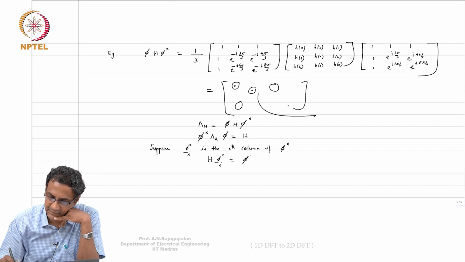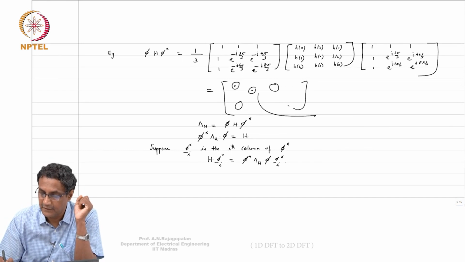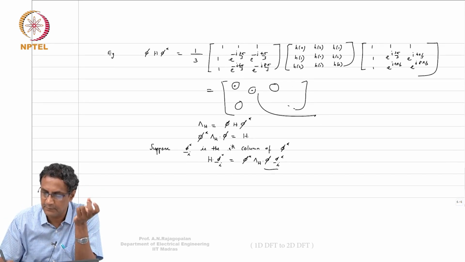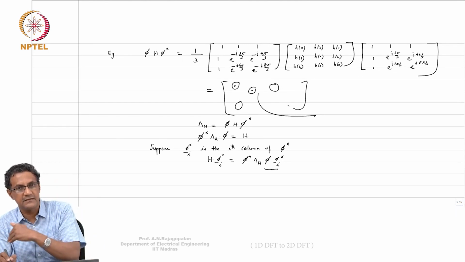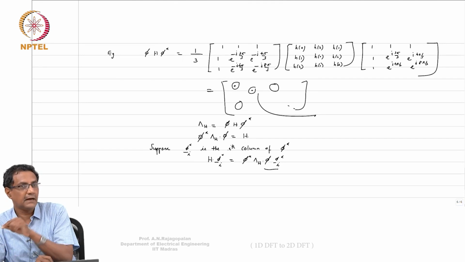That's the same as phi star diagonal H phi, and then this vector phi i star. Phi is a matrix, phi i star is a vector, and because we know that phi phi star is identity, when you multiply every row of phi with phi i star, what will happen? You will get all zeros except one in the ith entry.